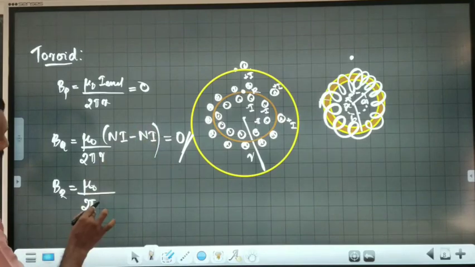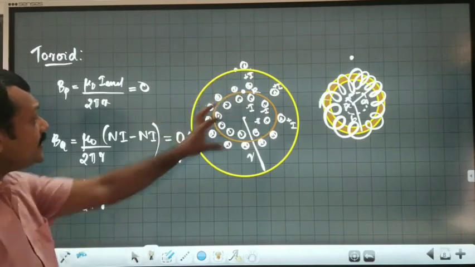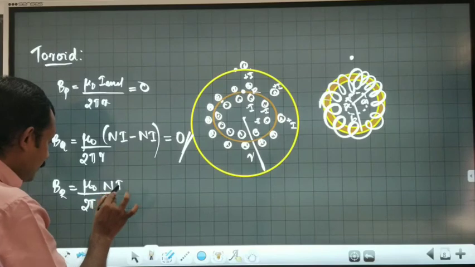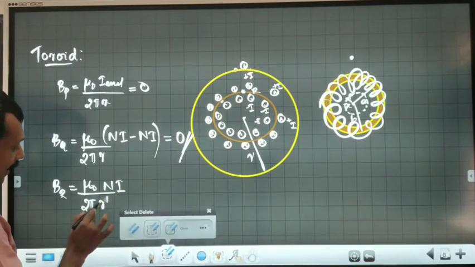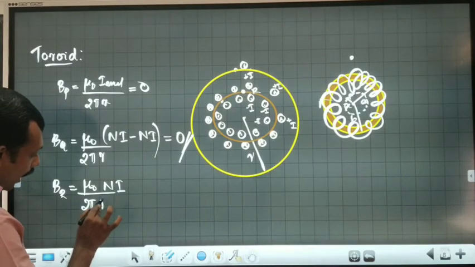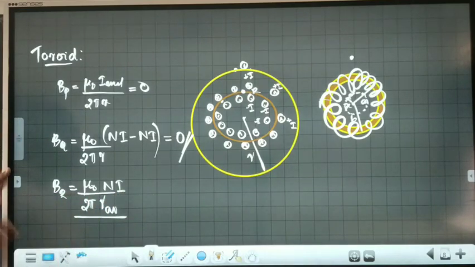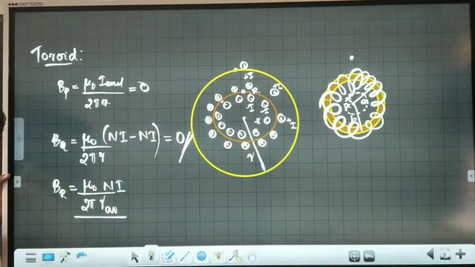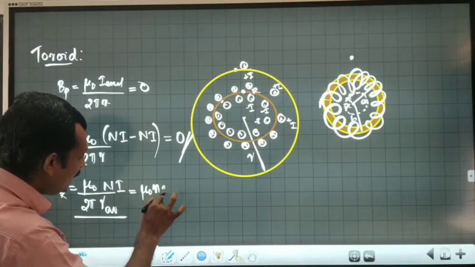Here we can see that this loop encloses only one type of current, say Ni. Now I will say R dash is equal to the average radius, R average. What is 2 pi times R average? It is the length of the loop. So the number of turns divided by length is the number of turns per unit length. You get mu 0 small n i.